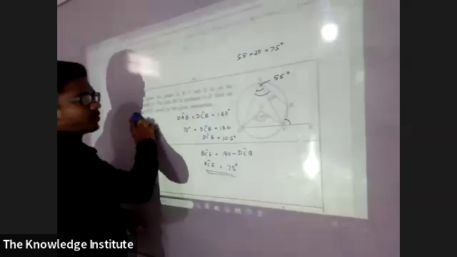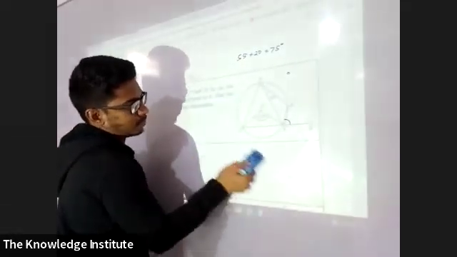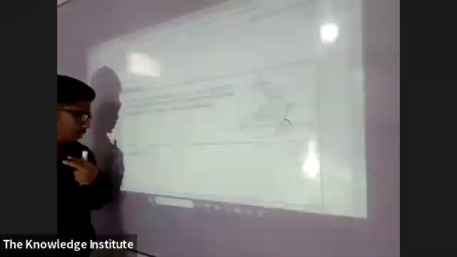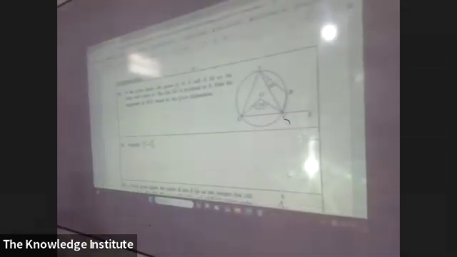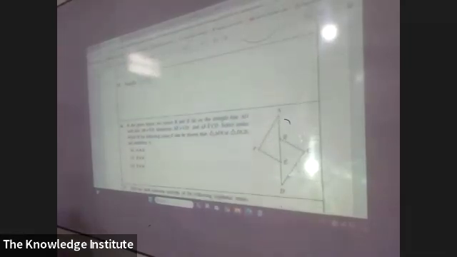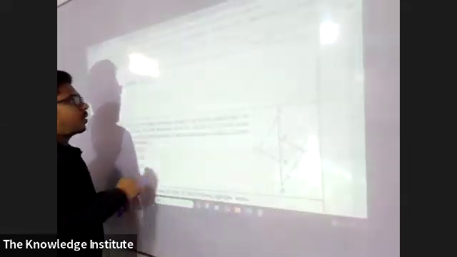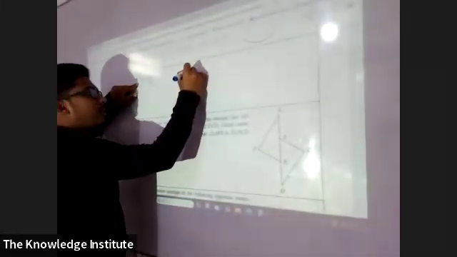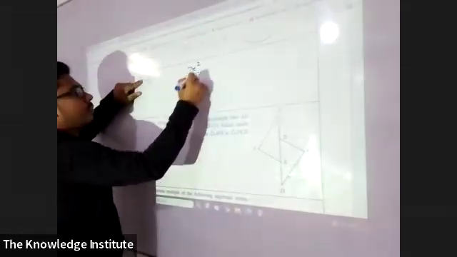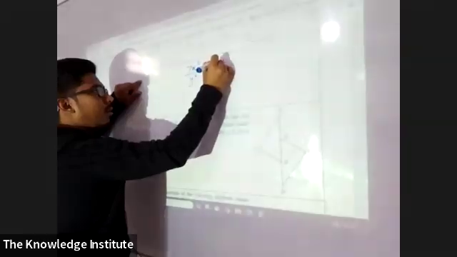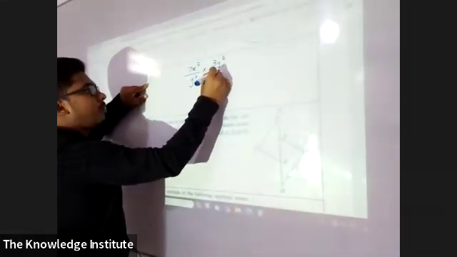Let's move on to the next question. So you have to simplify this. You have 7x squared divided by y cubed times 3y squared over.